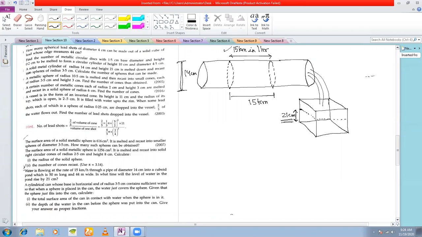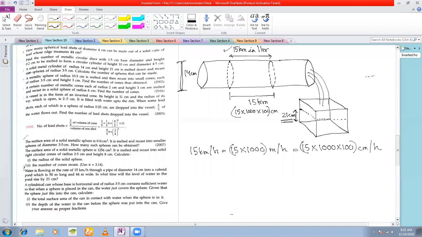So let us convert this speed to centimeters. 15 kilometers per hour is 15 into 1000 meters per hour, and if we change meters to centimeters, it is 15 into 1000 into 100 centimeters per hour.